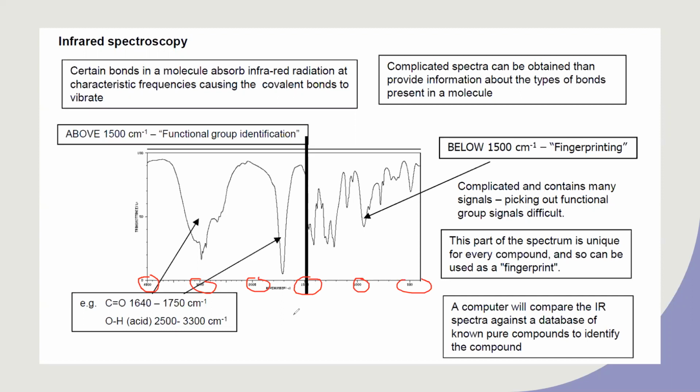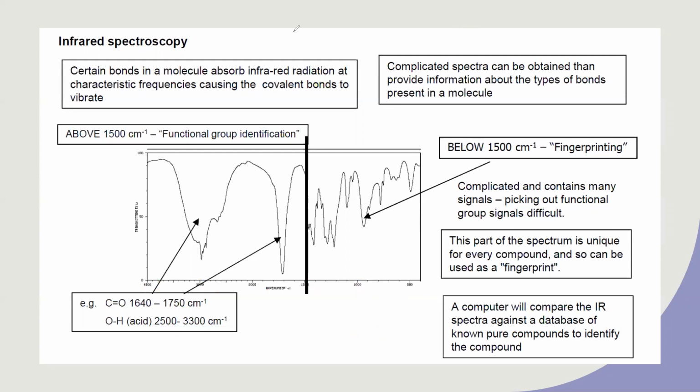Wave number means number of waves per centimeter. So using this wave number, we can identify the type of the bonds, because different bonds have different capability to absorb infrared radiation, at different wave numbers.